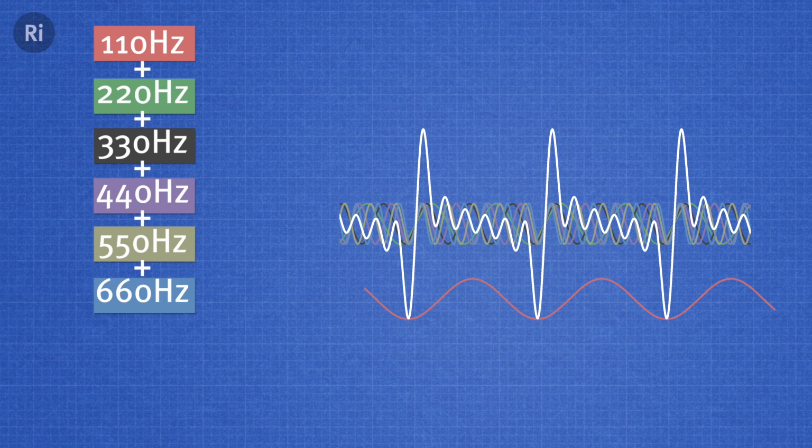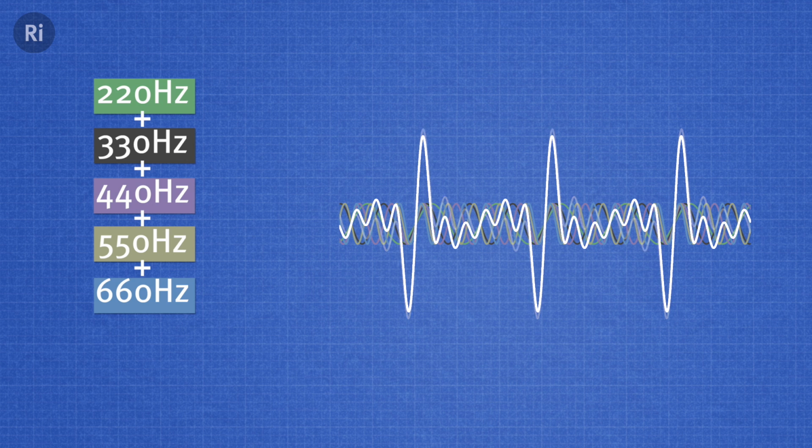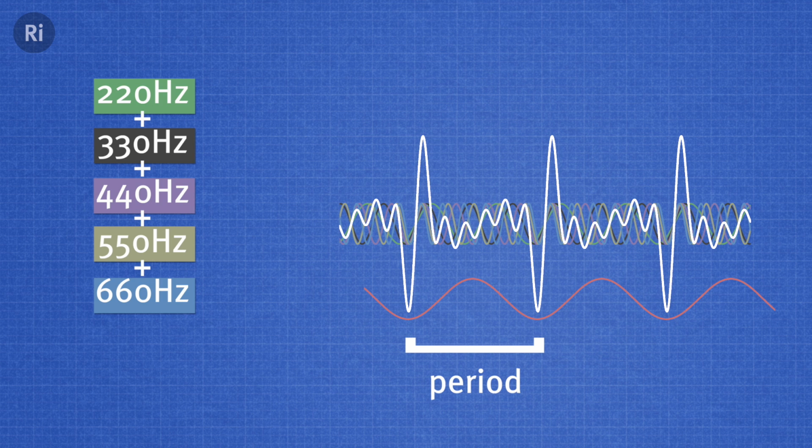Well, let's look at the resultant waveform, having removed the fundamental frequency. What you'll see is that the shortest repeated section still has the same period as that of the fundamental frequency. And therefore, even though we've removed it from the contribution of the tones forming that sound, we still hear it, because when you combine all of the others, it is still there.